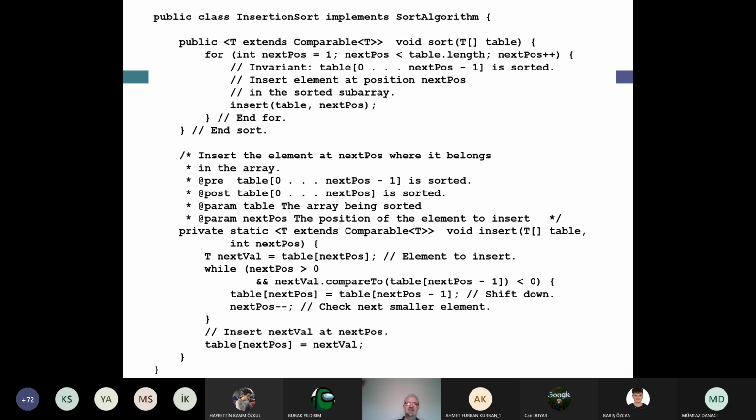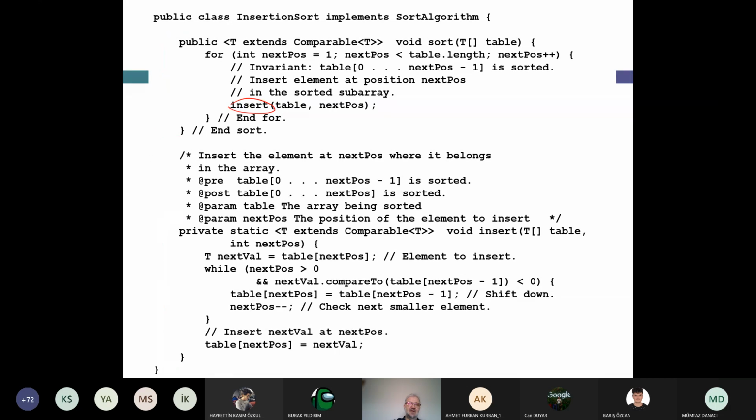As you see, we have a sort algorithm which uses insert method here as a helper method.